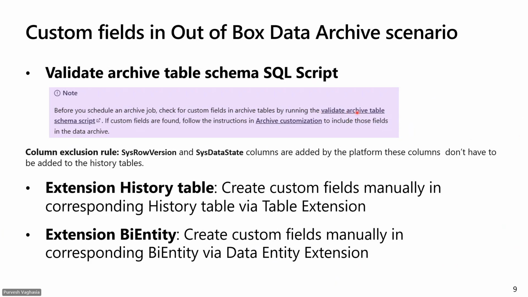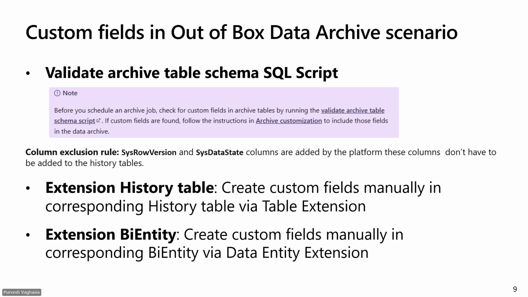Now, when you do a manual mapping, the thing that you need to consider is that there are just 2 columns that we add as system columns, SysRowVersion and SysDataState, which are the 2 columns there in the live tables, or you can think about the sales line, sales table, or all tables. These 2 columns are there.